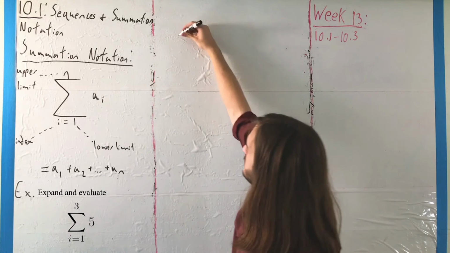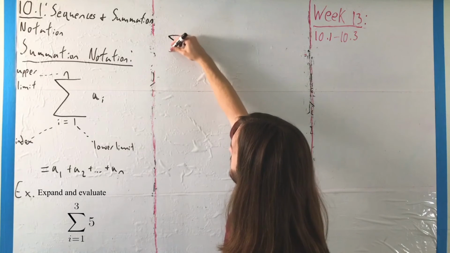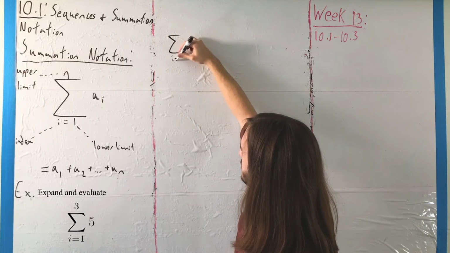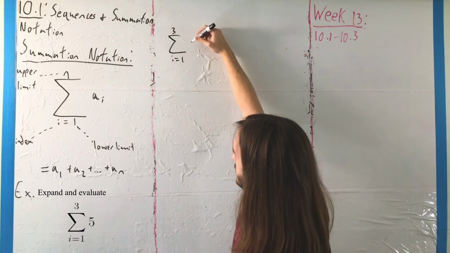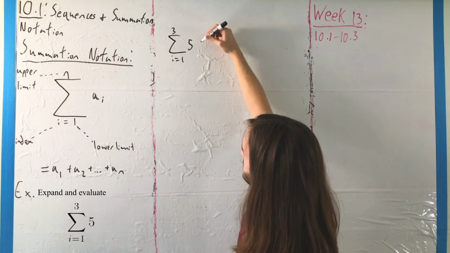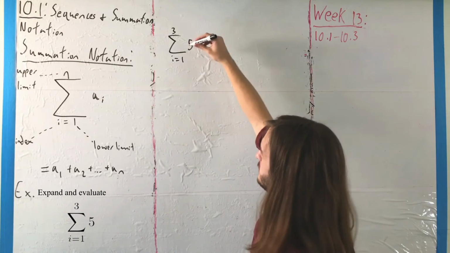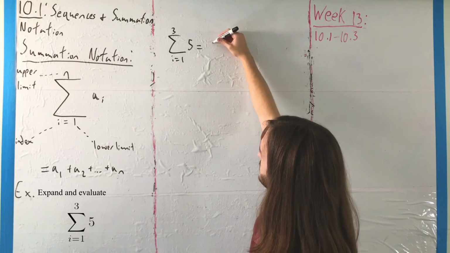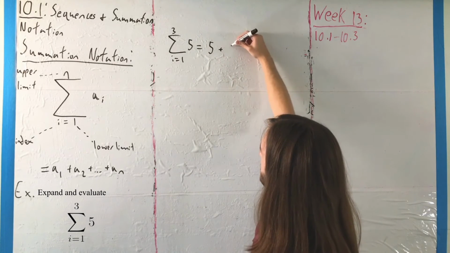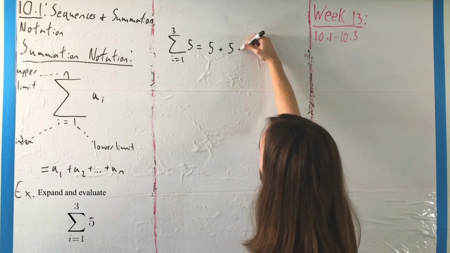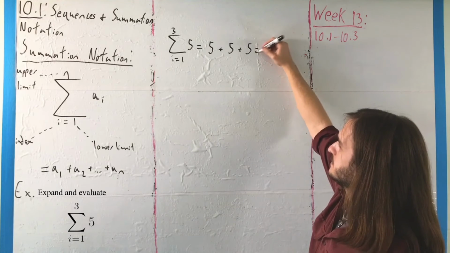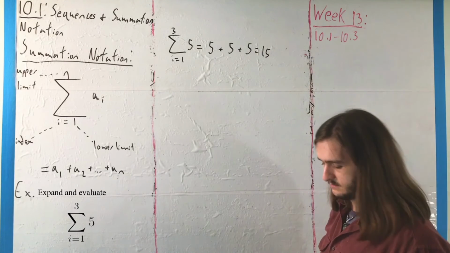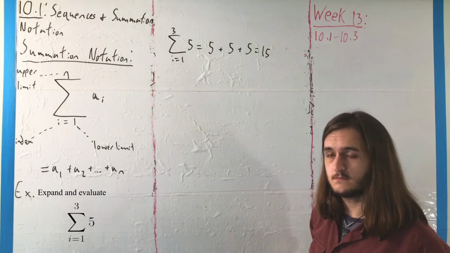That is, this says we're going to start at i equals 1 and go to 3, where at each of those, we get 5. So at i equals 1, we get 5, plus, at i equals 2, we get 5, plus, at i equals 3, we get 5 again. So we get 15. And that's it.